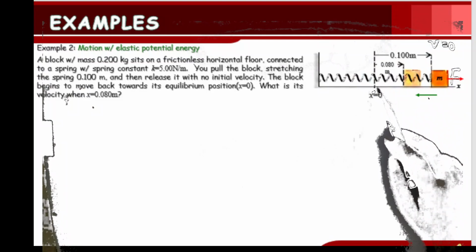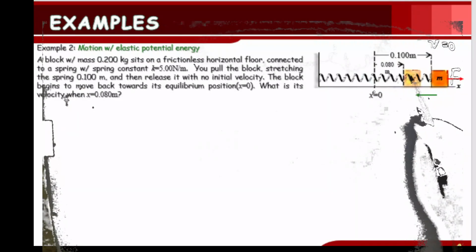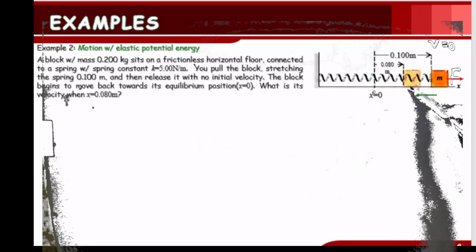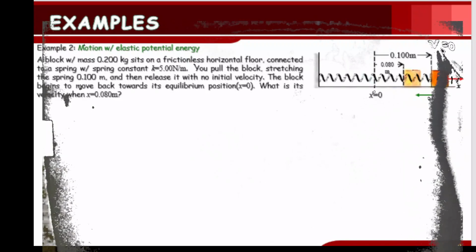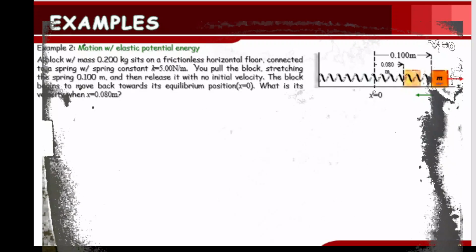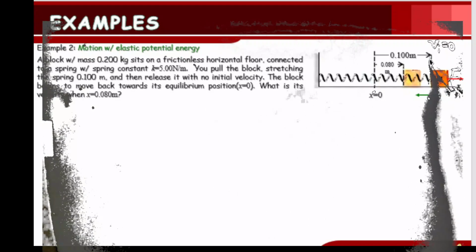Ang pangutana karon, what will be its velocity when it reached 0.08 meters? So pag-abot dinhi, gikan dinhi, this will be your initial position. Himuon nato ning position 1. Okay?